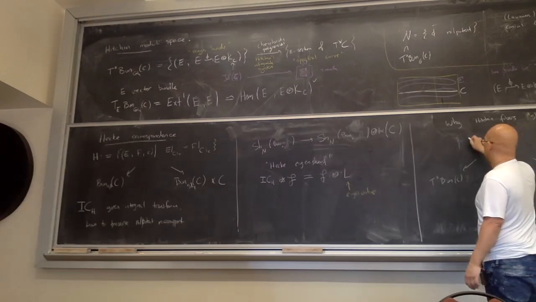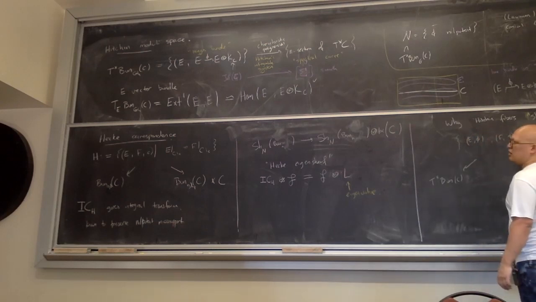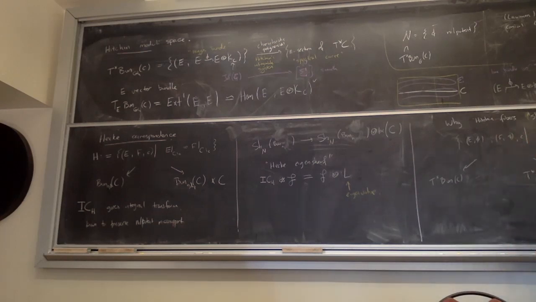I should take E, phi and F, psi, two Higgs fields, and some C, such that E restricted to the complement of C is isomorphic, I mean, an isomorphism of pairs: E, phi isomorphic to F, psi on the complement of C. That's just the exact counterpart.